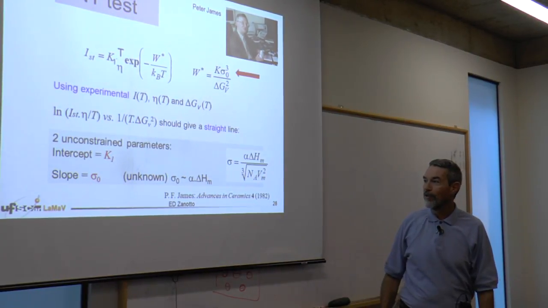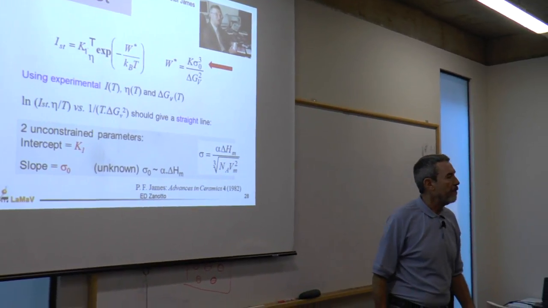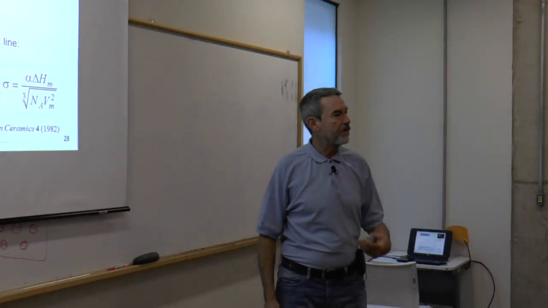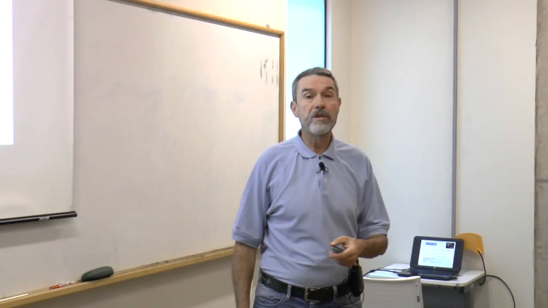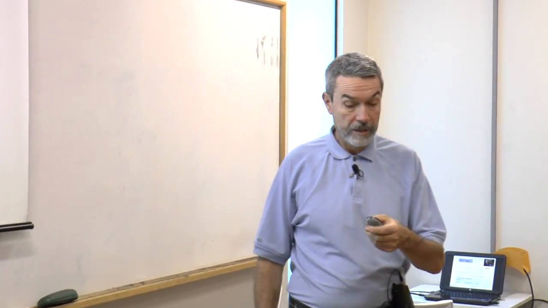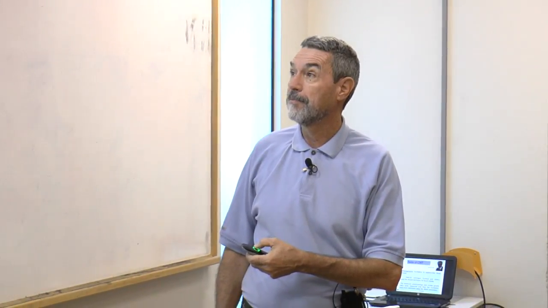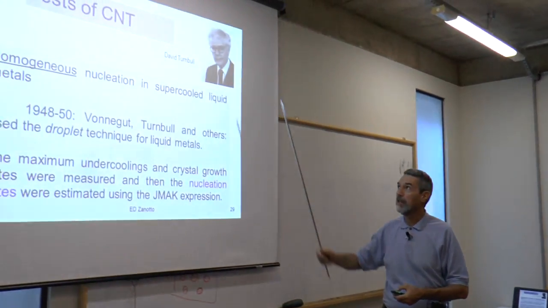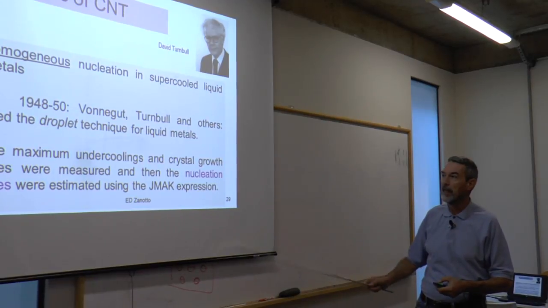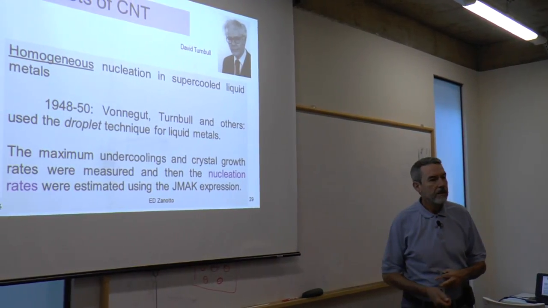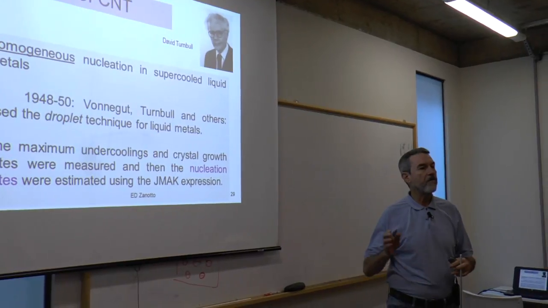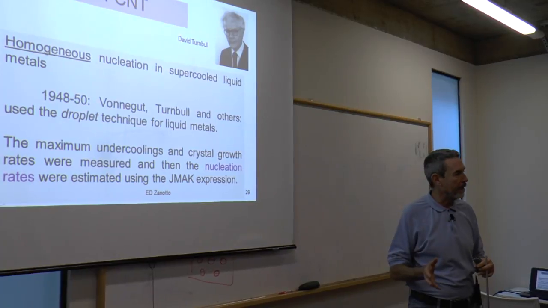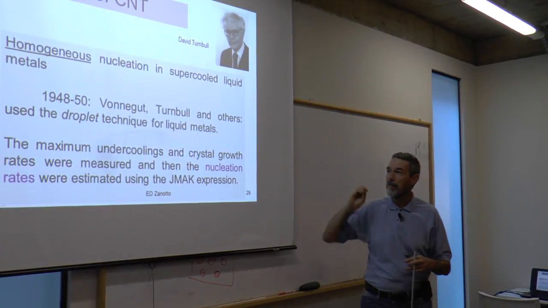Okay. So now we have to see if this procedure works well, if the theory works well with real systems for which there is data, for which there is nucleation rate data. One of the pioneers was Professor David Turnbull of Harvard University. He invented a technique to estimate nucleation rates of undercooled metals, not glass-forming, very bad glass-forming liquids, pure metals such as mercury.